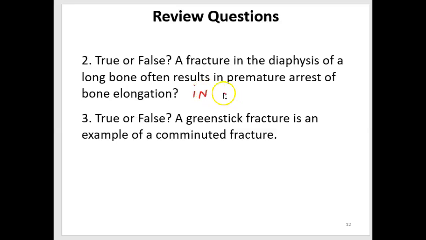So in the diaphysis, is that where the growth in length occurs? Nope, that's not where it occurs. So this would be false. If I change this to epiphyseal line, then it might be true. I don't know about often, but much more common.